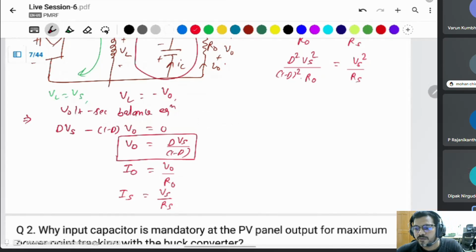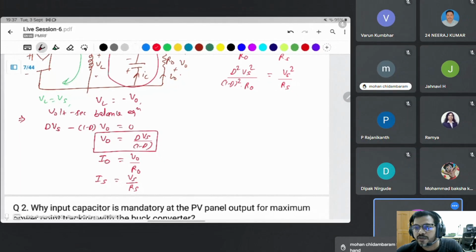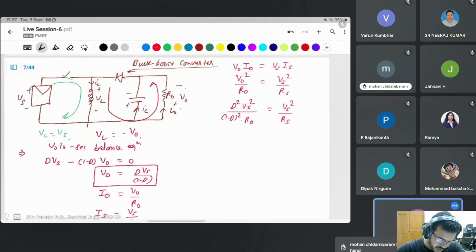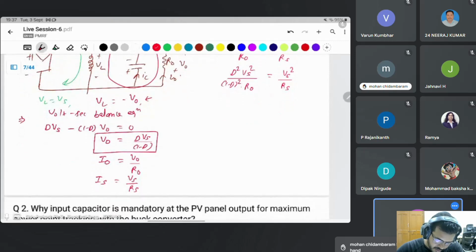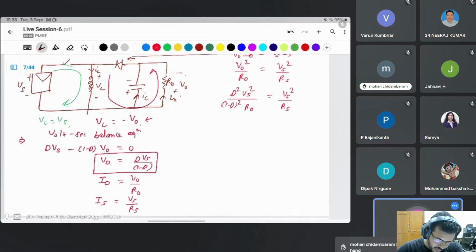Oops. So now ask some question. The buck boost converter output should be negative, but your equation is positive. Which one is true? Where is the positive? Okay, wait, maybe there's some mistake. It will be negative.